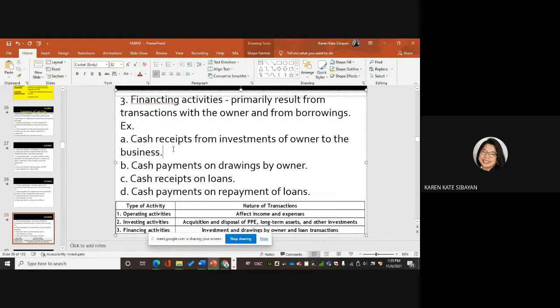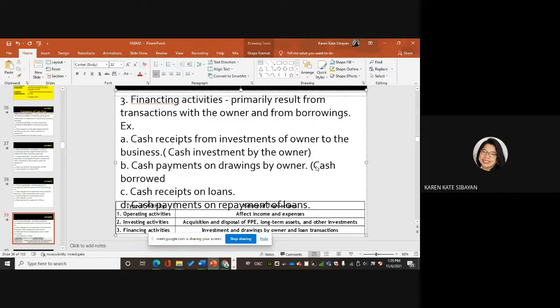Dito, lagyan natin para hindi makalimutan. Cash investment by the owner. Dito naman, ang ilalagay mo sa cash flow statement mo is cash borrowed from the bank.